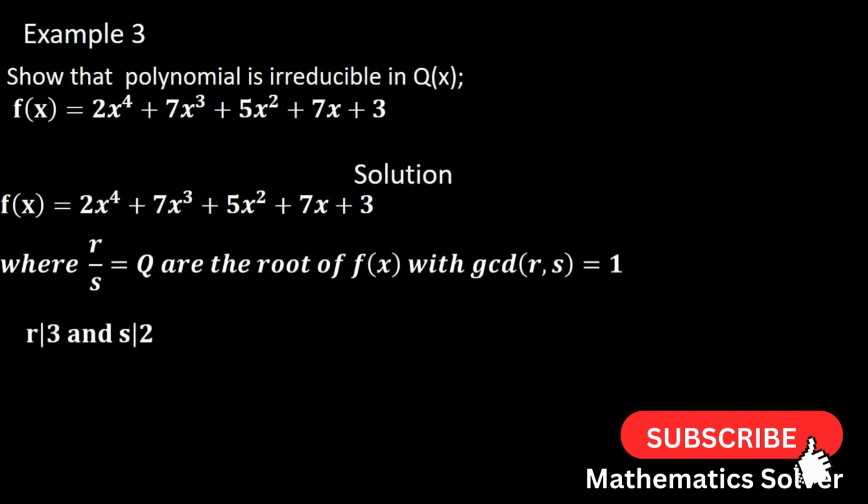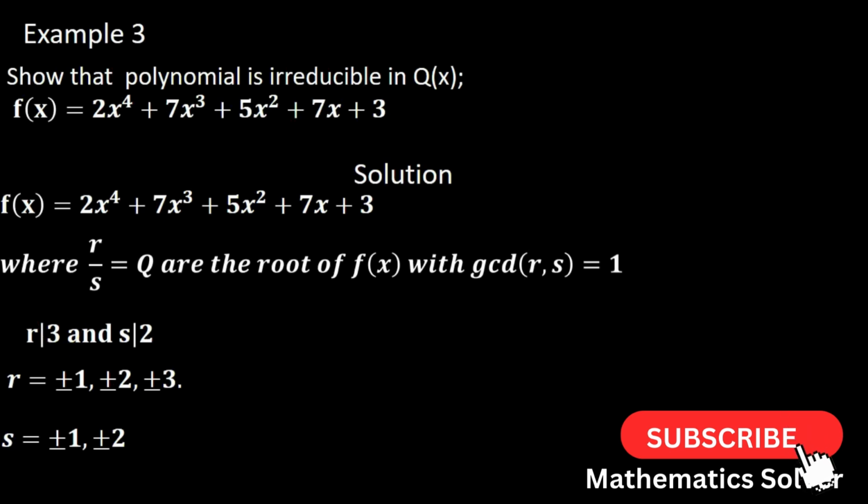We identify our r and s, where r is 3 and s is 2. Then you list the factors of r and the factors of s. The factors of r are 1, 2, and 3. After that, you add plus or minus to each factor.